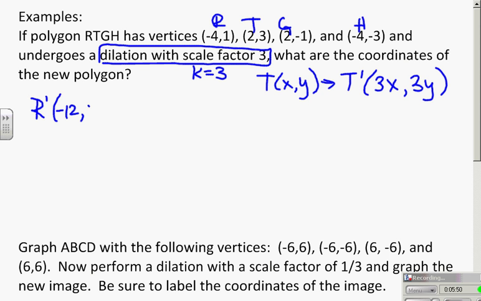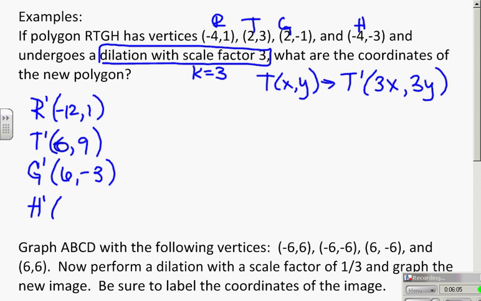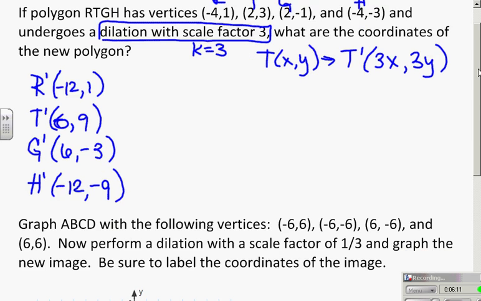And so being careful with your signs, R prime is negative 12, 1. T prime is 6, 9. G prime is 6, negative 3. And H prime is negative 12, negative 9.